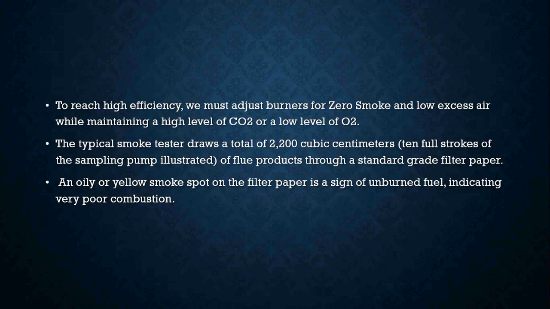A typical smoke tester draws a total of about 2,200 cubic centimeters of flue products through a standard grade filter paper, and that's usually when we do 10 full strokes of our smoke test using our pump to get that amount of sample. An oily or yellow smoke spot on your filter paper is a sign of unburned fuel, indicating obviously poor combustion.